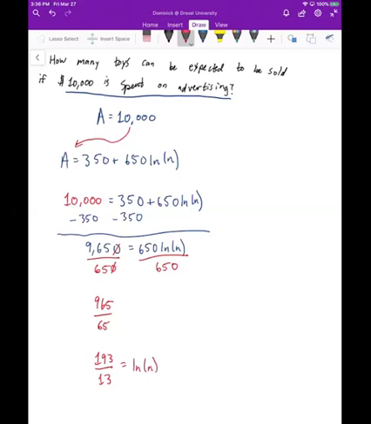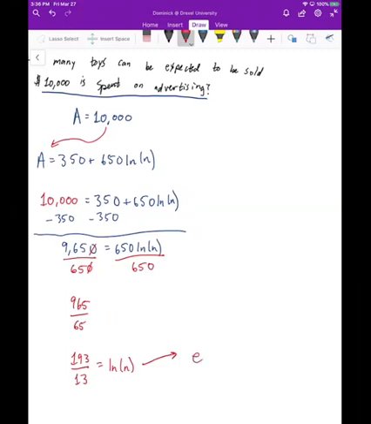Now since our variable is inside the natural log, we're going to convert this to exponential form. Natural log is base e, so we want e to the 193 over 13, and that would give me n. If we plug this into the calculator, e to the 193 over 13 should give us about 2,802,868.31.